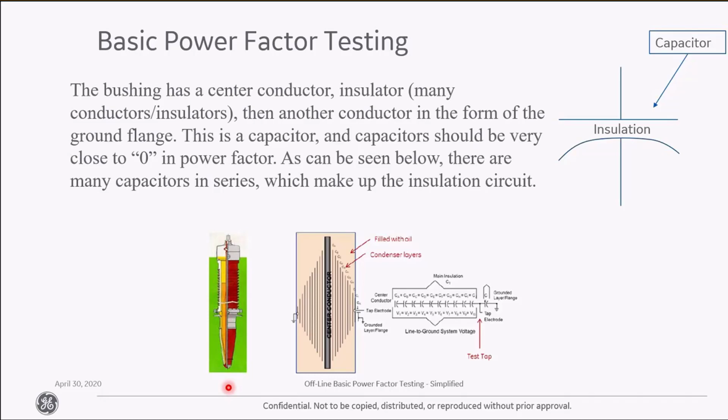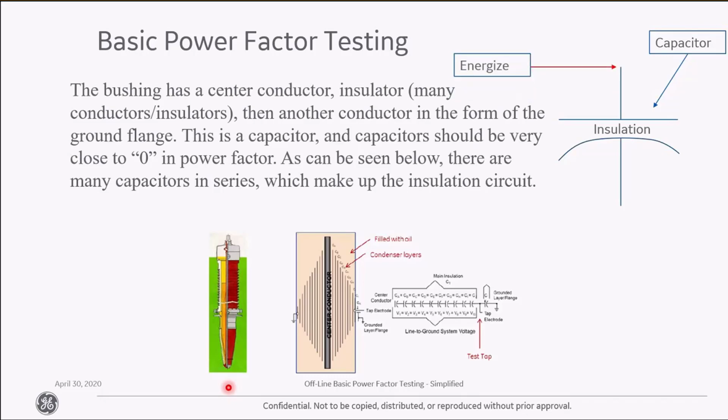That's true for all of the equipment. Circuit breakers, what do we use? We use bushings. Why do we use bushings? Because we can make these bushings with very, very good insulation so that the electricity, the current and the voltage have a safe path to the end user, right?